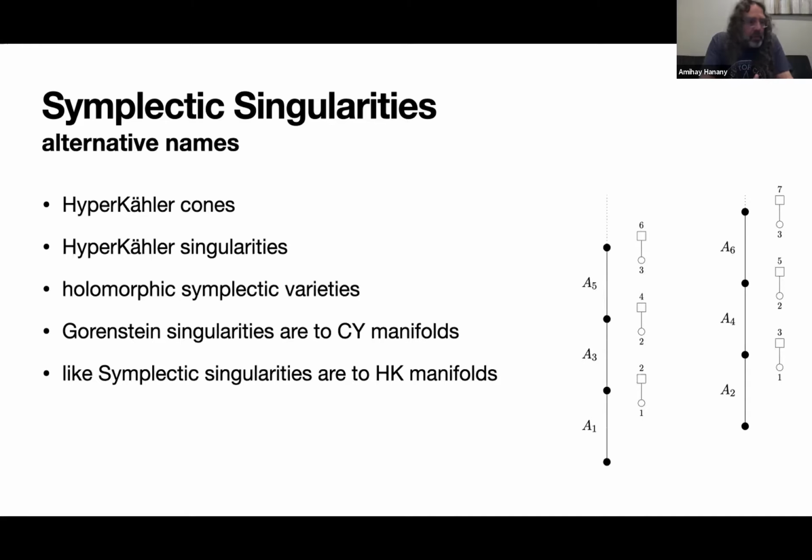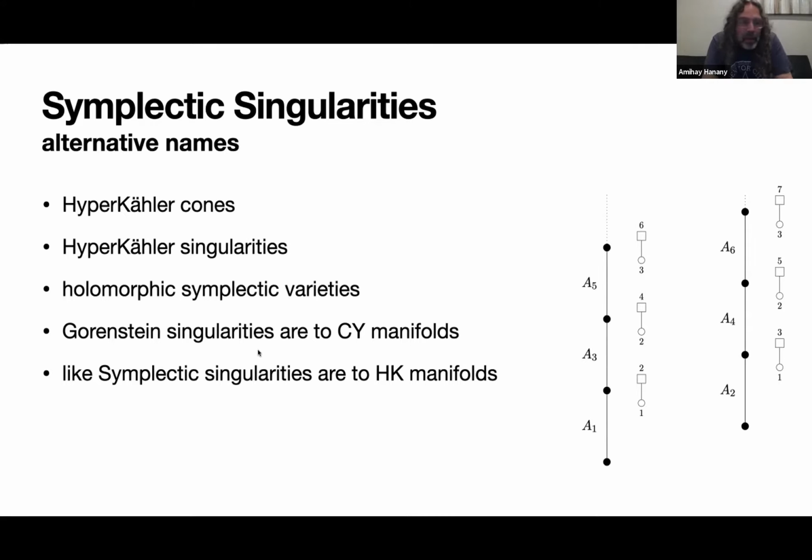There are some different names that people are using. One of them is hyperkähler cones or hyperkähler singularities. Sometimes people use the name holomorphic symplectic varieties. That's probably the most suitable name, which we as physicists are using.